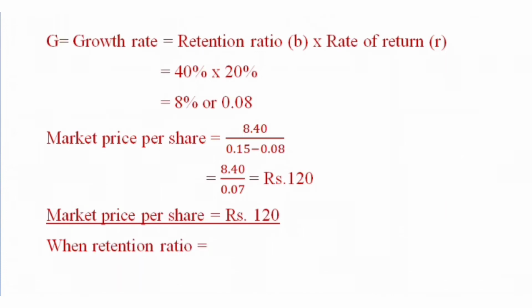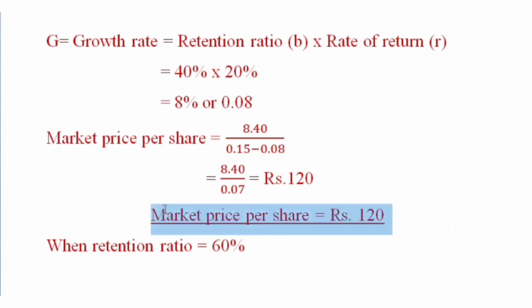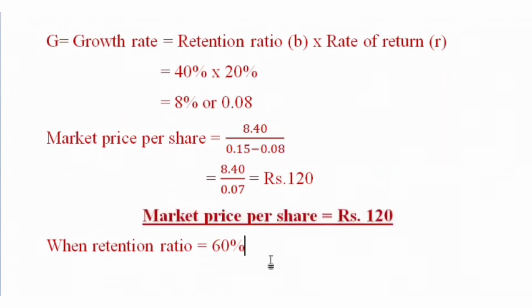If the firm is a growth firm, you can declare a minimum payout ratio, and that will fetch you the maximum market price per share. Finally, I will give you a comment about the various retention ratios. Now we find out the market price for the retention ratio 60%.